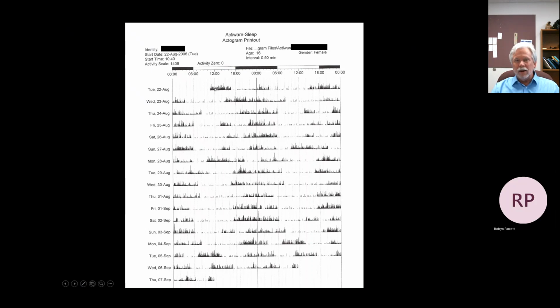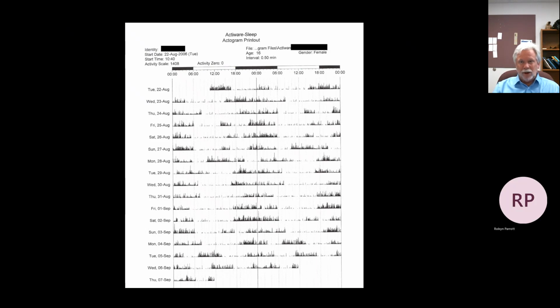But if you look at day by day as we go down, you see it's highly irregular. So it turned out she had a pineal tumor, a brain tumor, which we found on MRI.